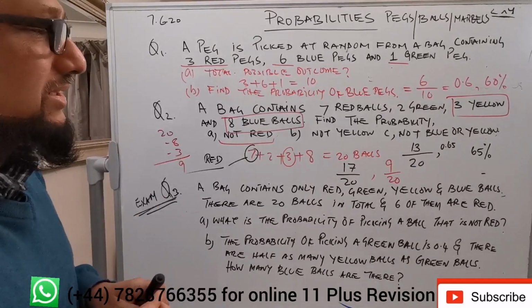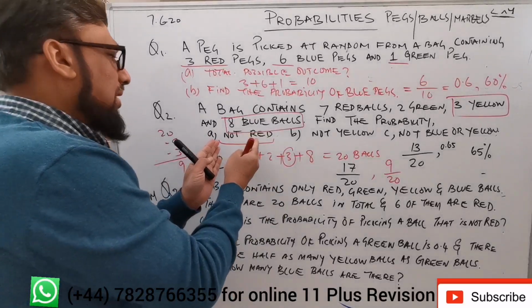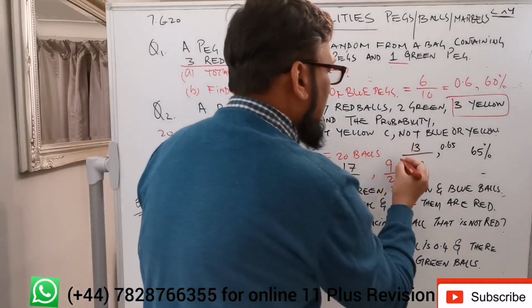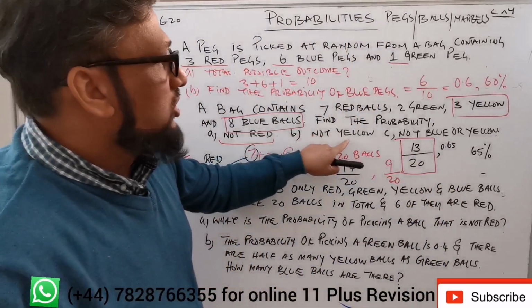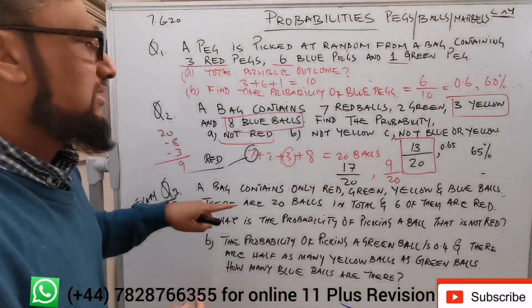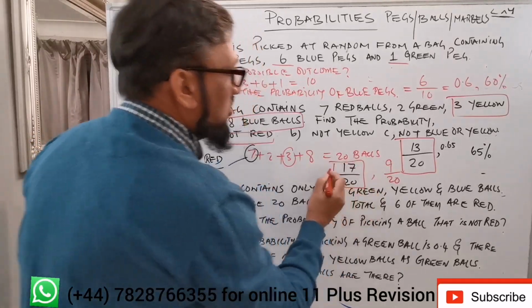So the probability of not red, the answer you're getting is 13 over 20. Not yellow, the answer you're getting is 17 over 20.